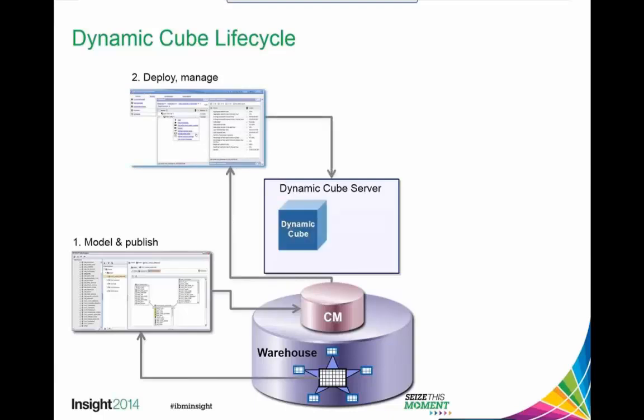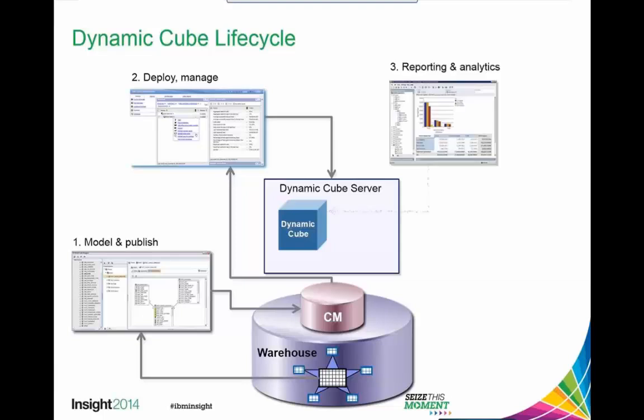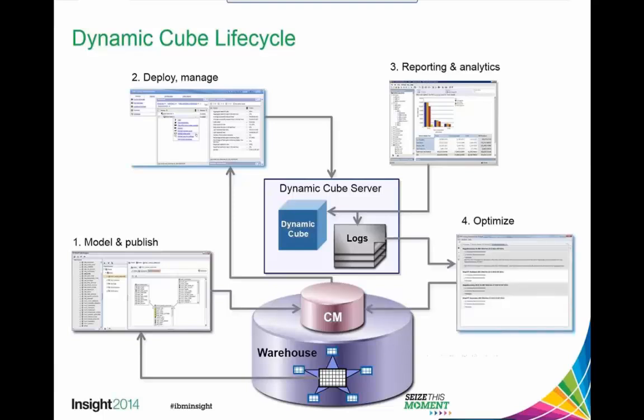Then you deploy your cube to a query service, where you would then manage it within Cognos Administration. Starting the cube up would start an instance of the cube in the dynamic cube. Once that cube is up and running, your users can then go into any of the Cognos Studios, Workspace Advanced, Report Studio, what have you, to do reporting and analytics against the running instance of the cube.